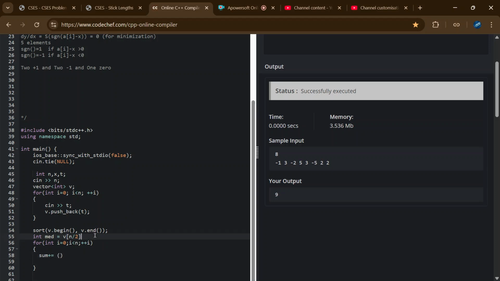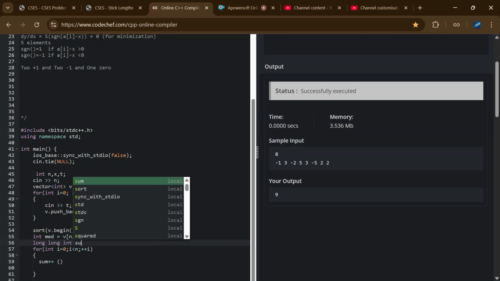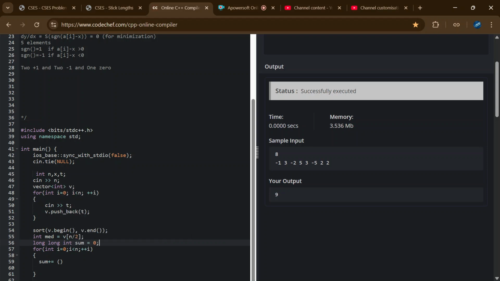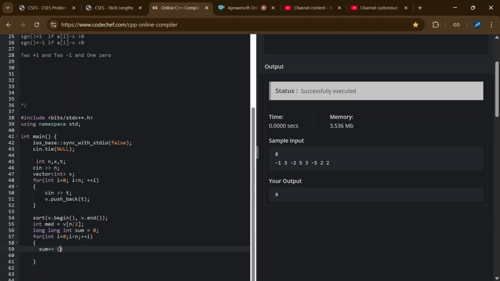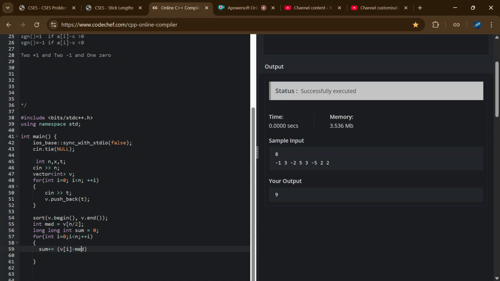Let me write here long long sum equals 0, and sum plus equals v of i minus median, and that would be our absolute value.